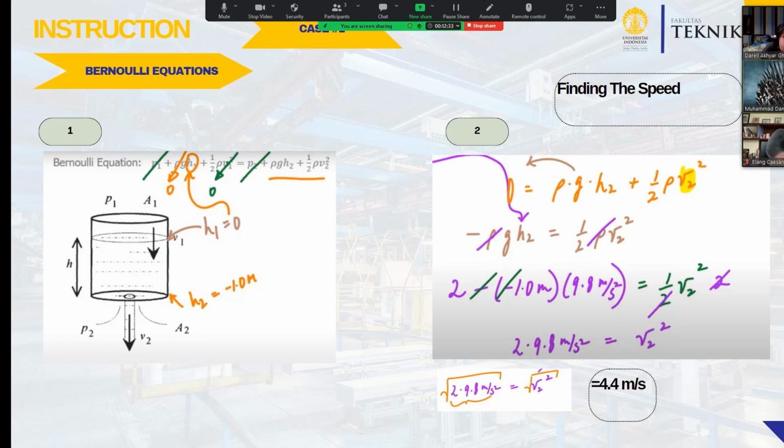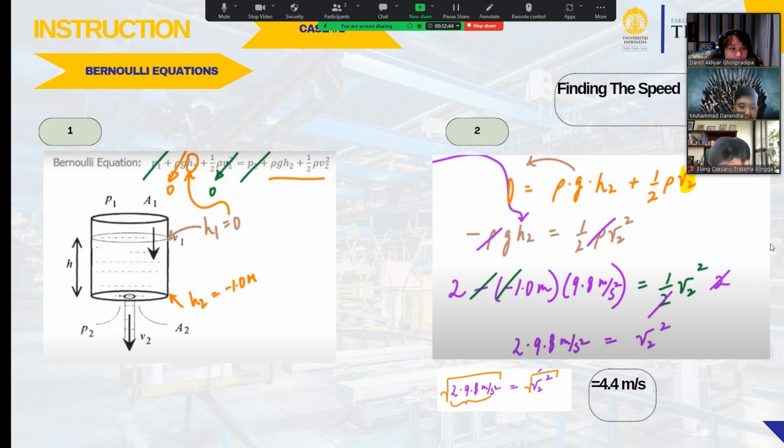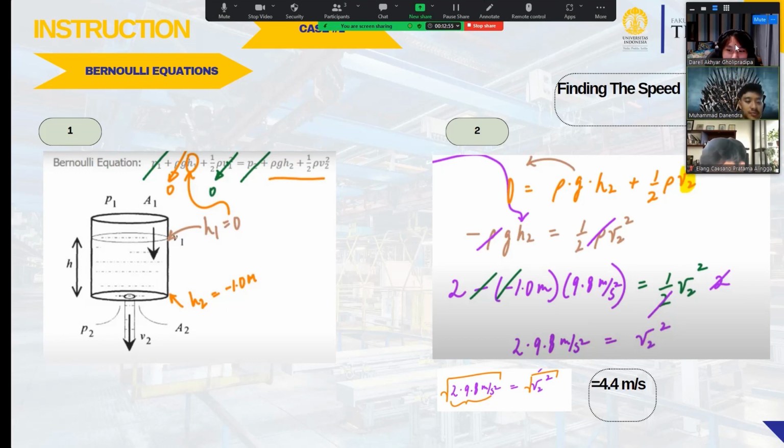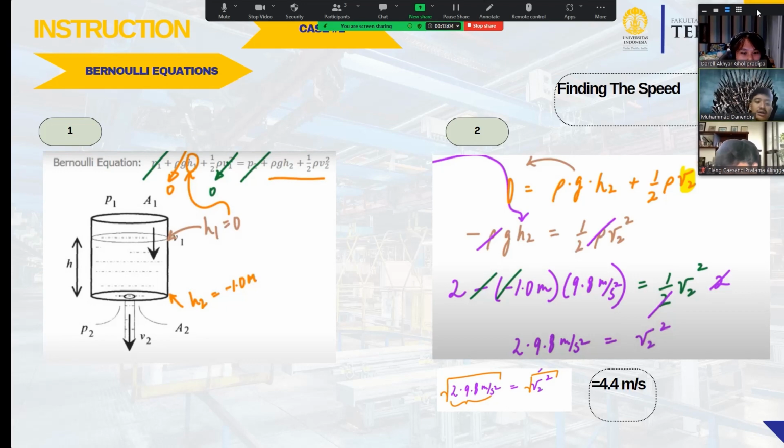All we have is half times rho times velocity 1 squared equals 0 also, so the equation for the inlet is equal to 0.